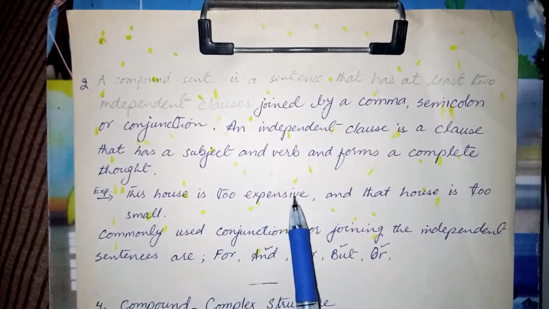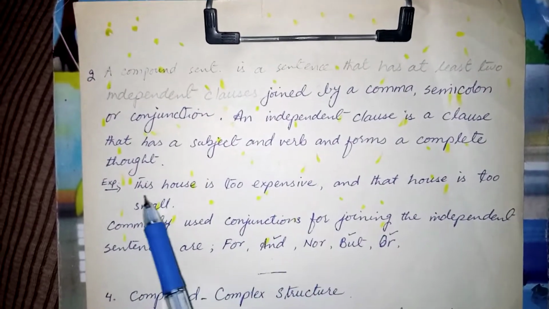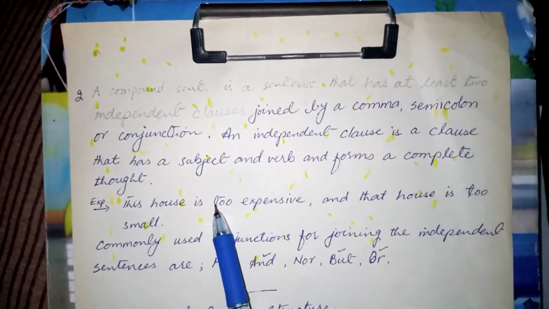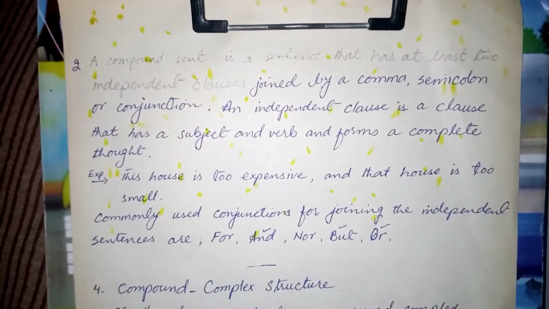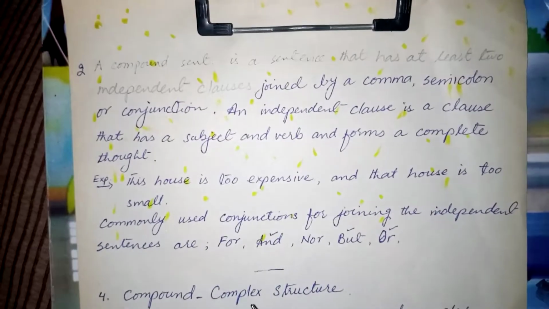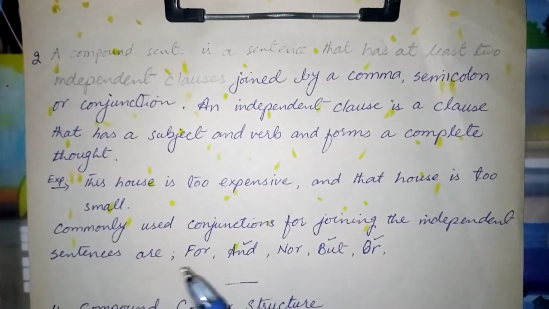In the very first part of the sentence, we see that this house is too expensive. This is an independent clause, and in our class we have revised many times the concept of clauses and the components of clauses and phrases, what these units are, what are their components.